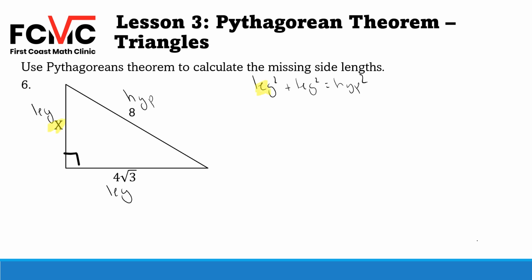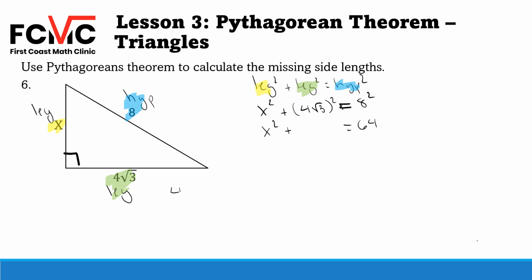Our leg is x, the other leg is 4 square root of 3, and then the hypotenuse is 8. So we'll get x squared plus, not equals, plus, I'm going to put this in parentheses, 4 square root of 3 squared equals 8 squared. So I'm going to get x squared plus, I'm going to do this off to the side just to show you how to do it, equals 64.